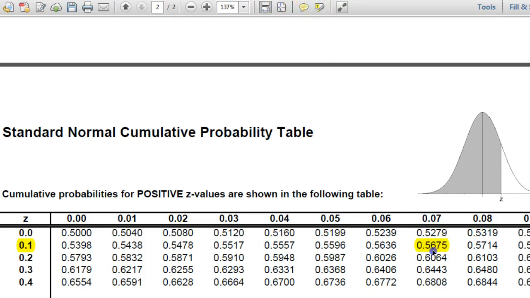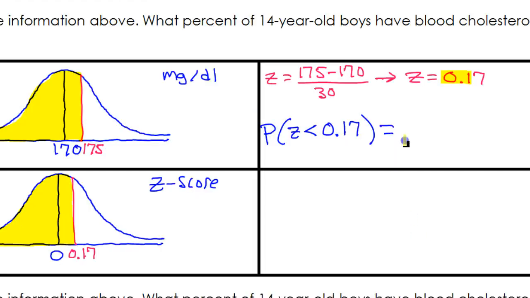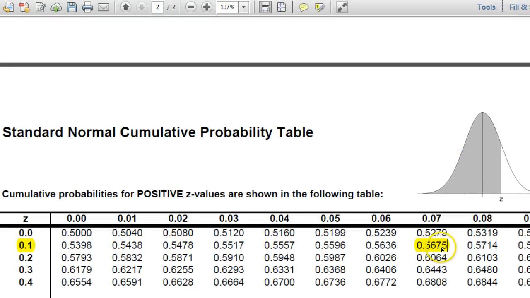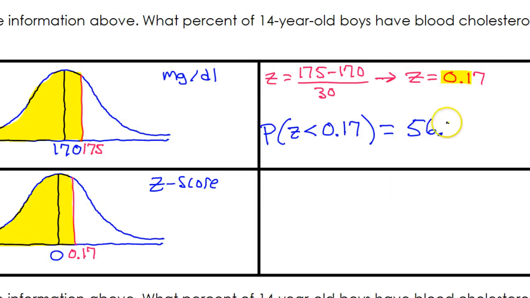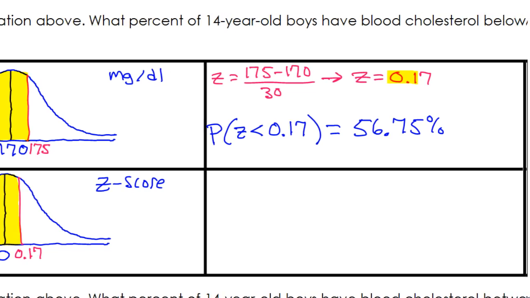So, I'm talking about 56.75%. So that's what this is, 56.75%. And that's it. Because it's to the left, I just read it right off of the chart, and that's all there is to it.